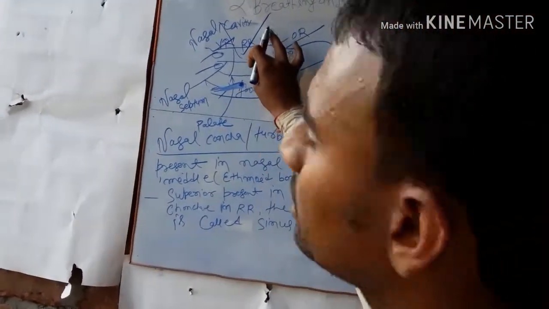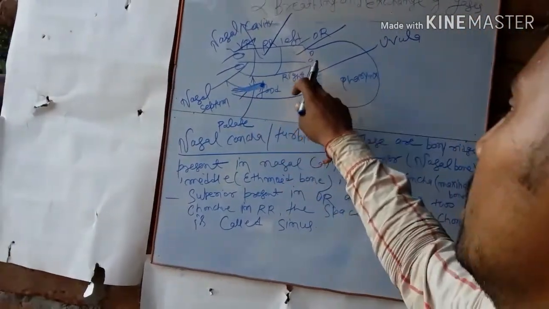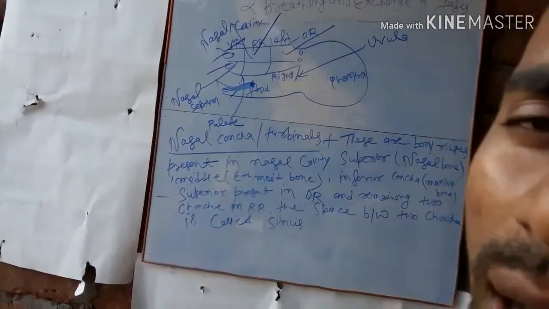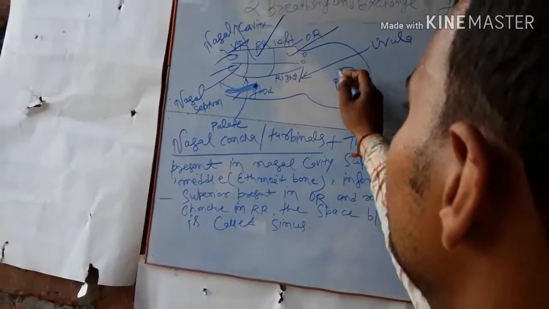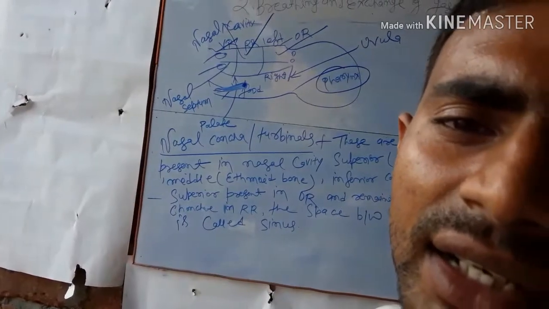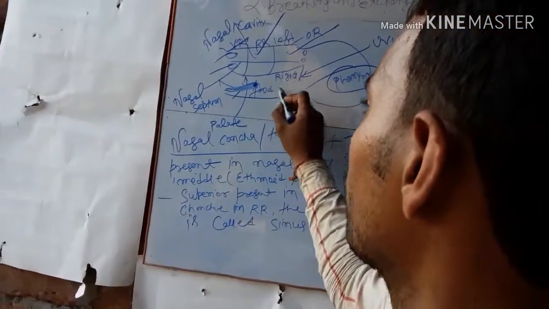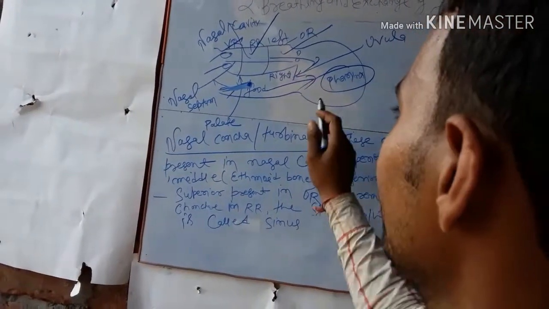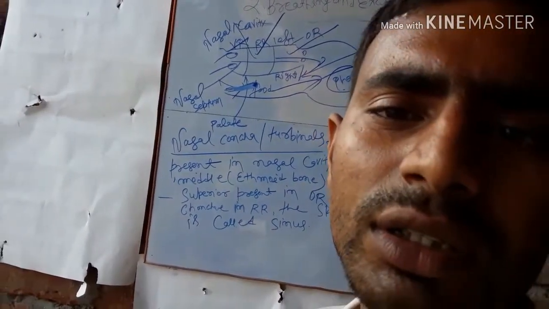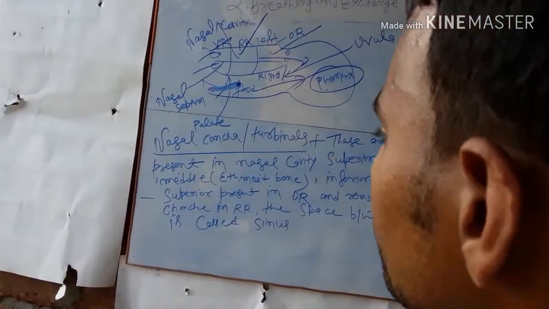This is the nasal cavity, and this ridge is called the uvula. This is the pharynx, the common passage for food and air.